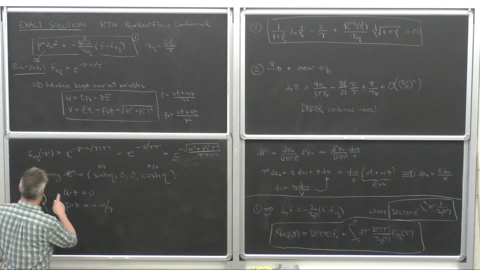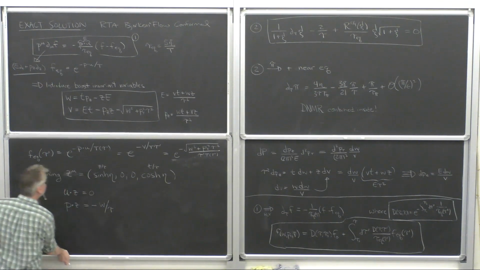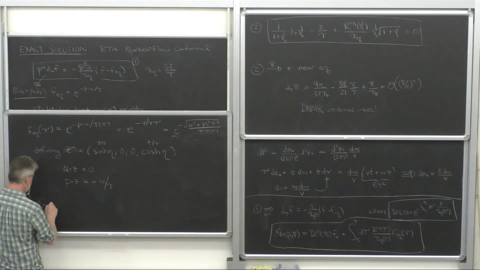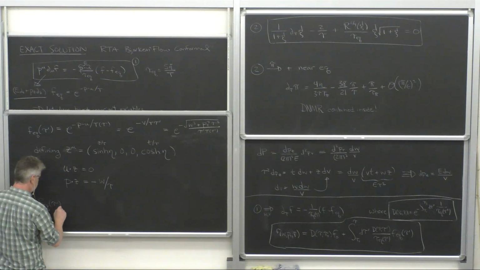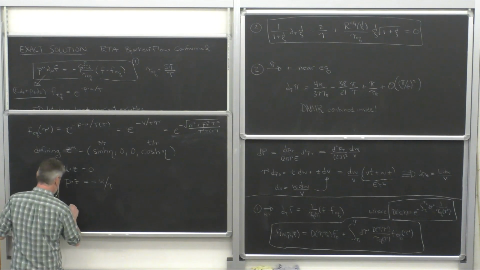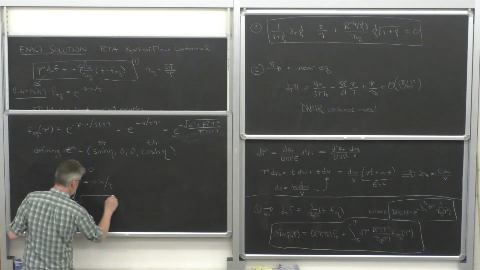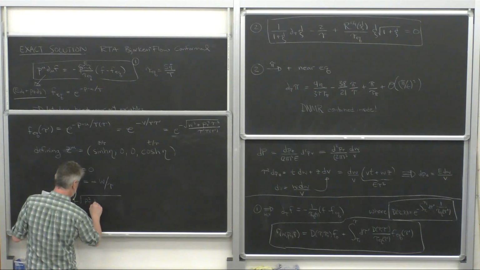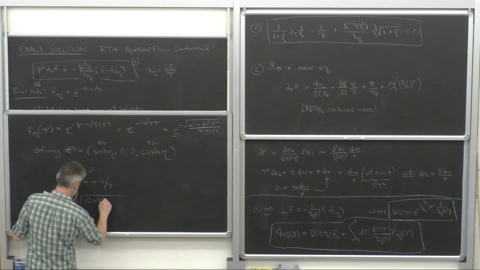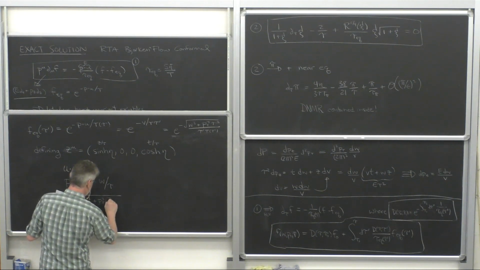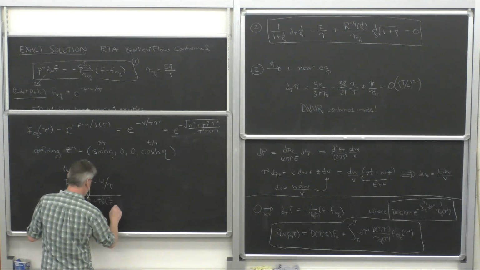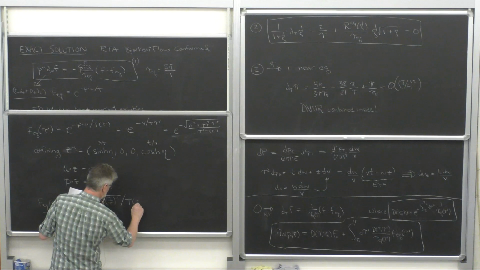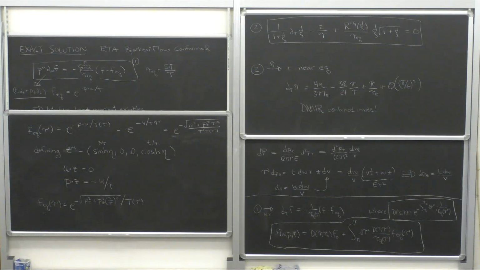So using that, we can rewrite FEQ above as e to the minus square root of pt squared plus pz squared, tau over tau prime quantity squared, divided by the temperature at time t.